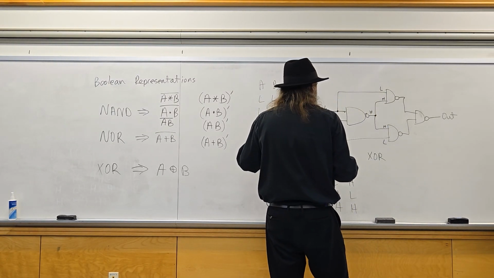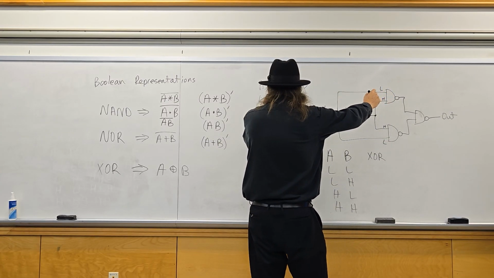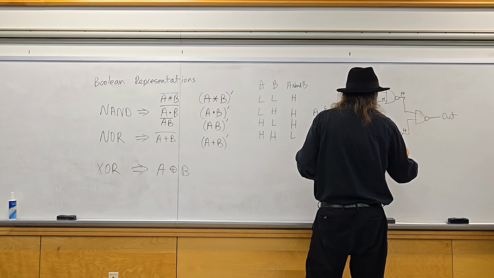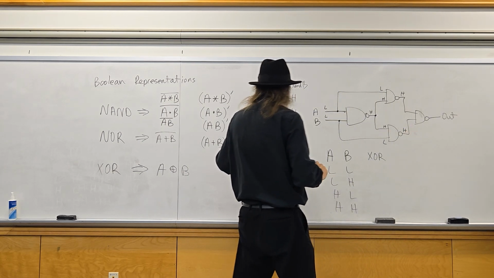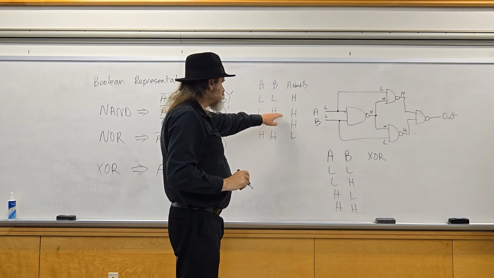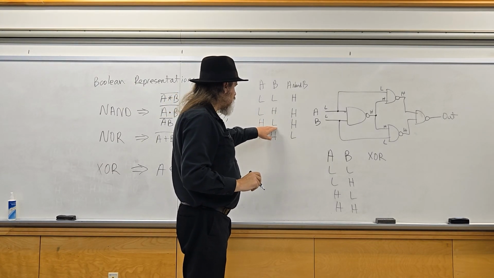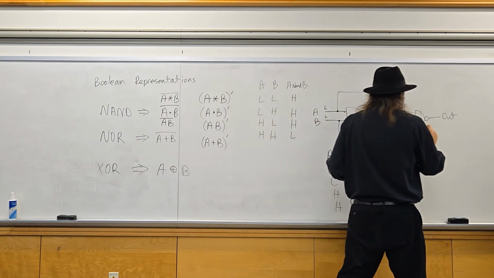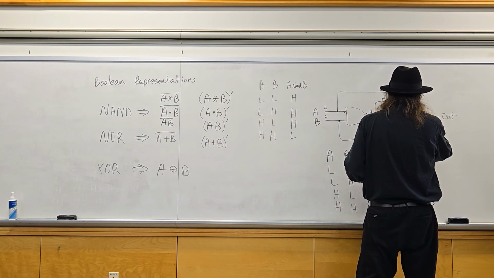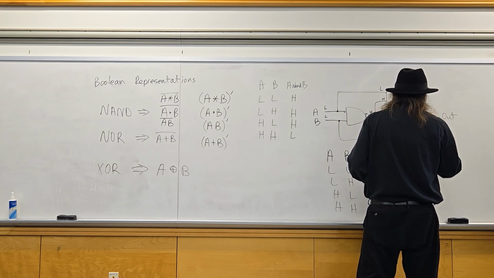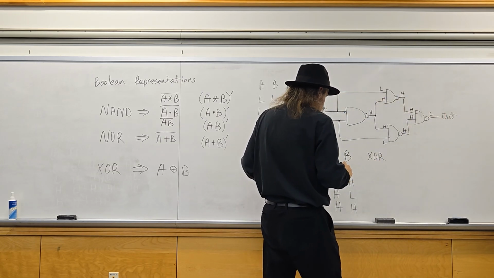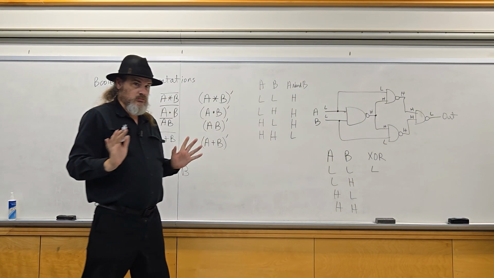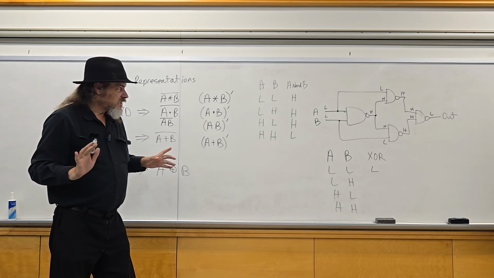So if these are both going to be high, because of the low-high input and the high-low input, and then this is going to be high, and the output here will be low. So the output would be low. With me so far?